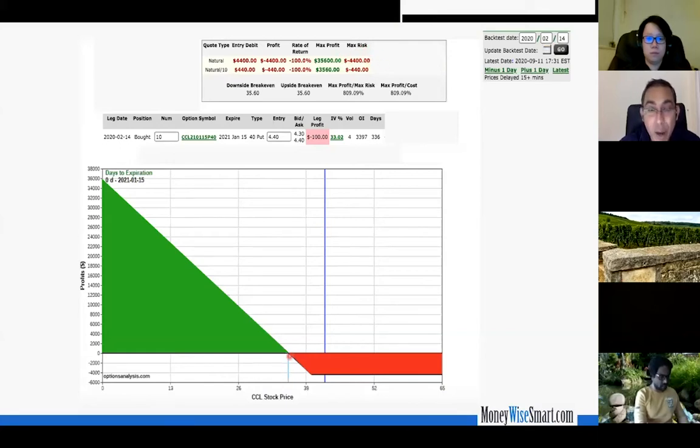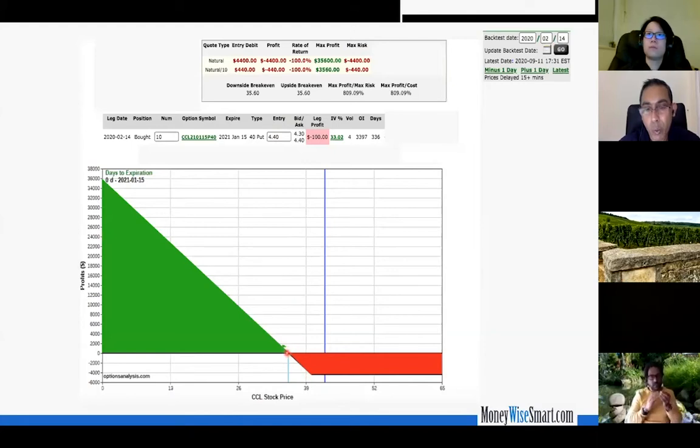However, if Carnival Corporation share price drops below 40, see, this is the 40 point, and by the way, the y-axis is the profit, I'm still in the loss zone till I recoup the premium which I paid for purchasing the put, which is $4.40.